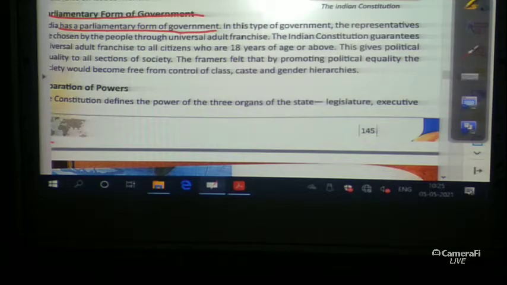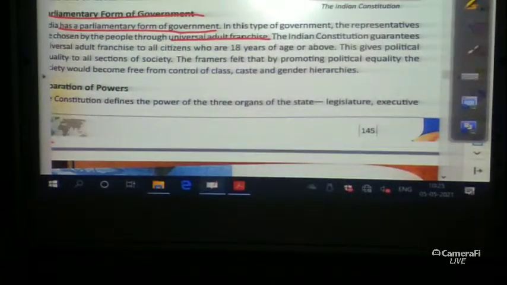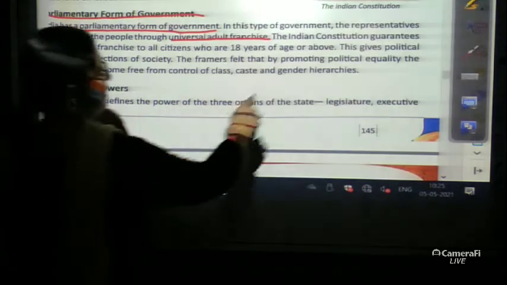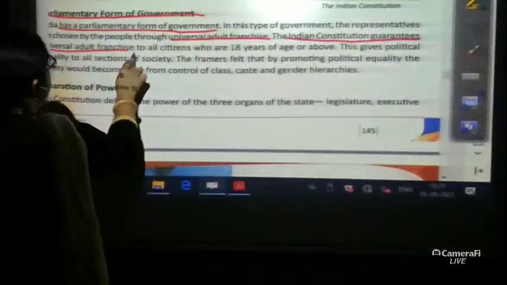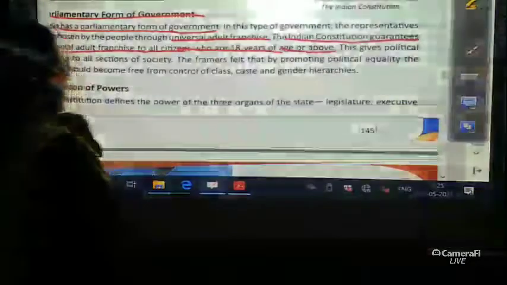We know universal adult franchise means those who cross 18 years of age can give their vote, and they can also choose their representatives. The Indian Constitution guarantees universal adult franchise to all citizens who are 18 years of age or above.